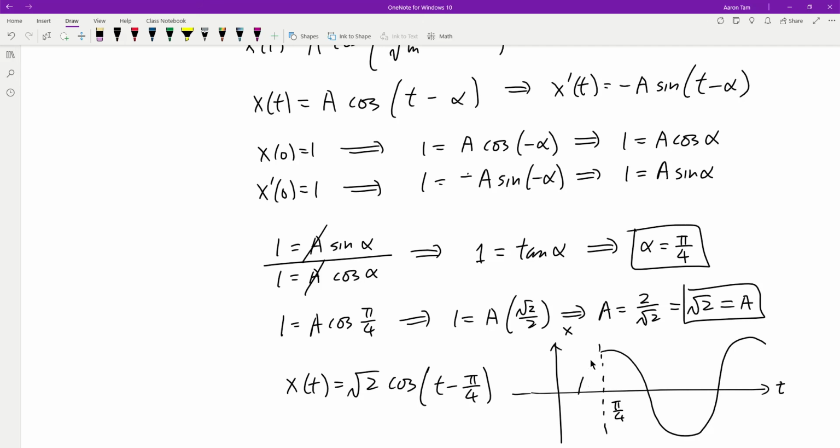And notice this cosine graph would go up and down, up and down, forever, which is exactly what we expect a free oscillation would do.